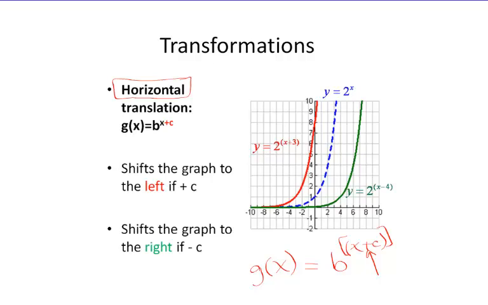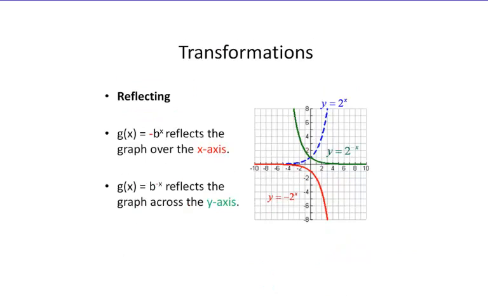Just as with the other functions, if what you see is a plus c, because what's actually happening there is a minus negative c, it is a movement horizontally in the plane to the left. If what you see is a minus c, it is a movement horizontally in the plane to the right. Exactly like what we discovered about our other functions.